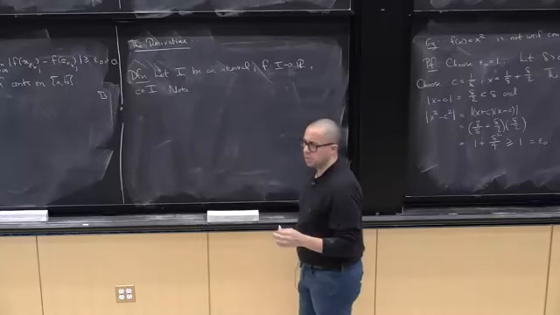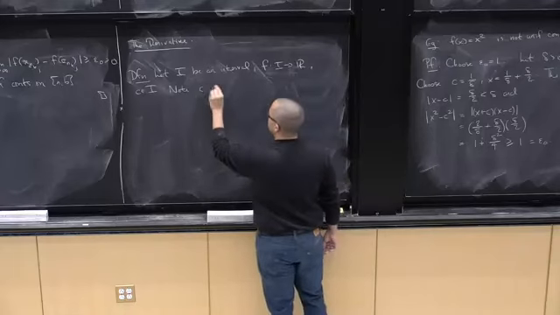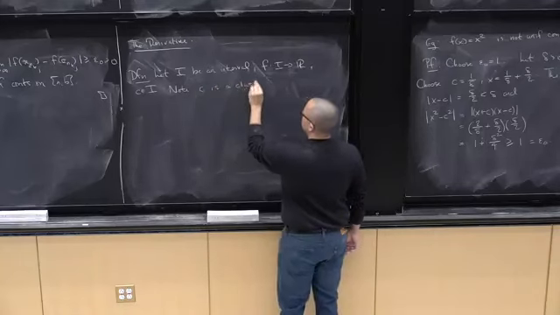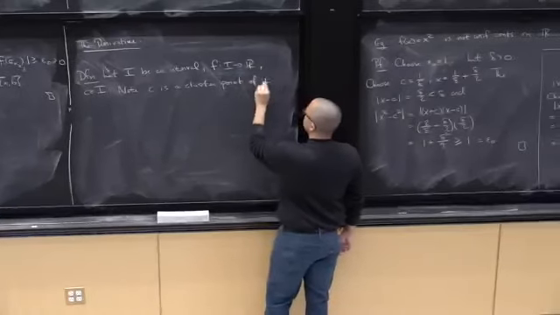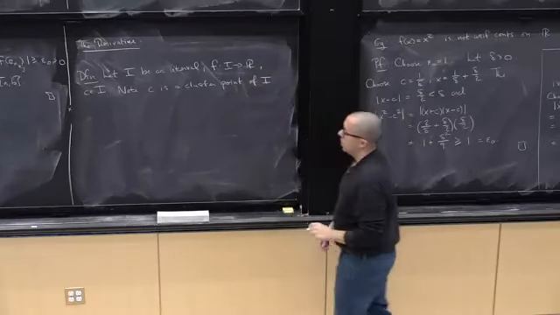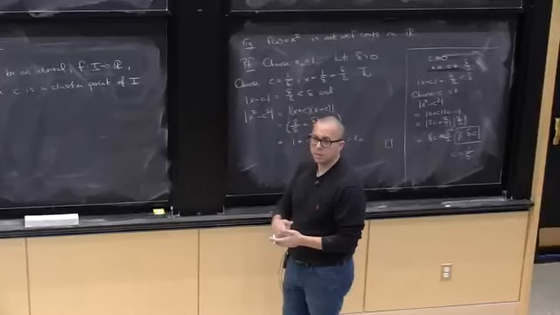So first off, convince yourselves of this, but I think this should be pretty clear. For an interval, every point in the interval is a cluster point of the interval. Okay?